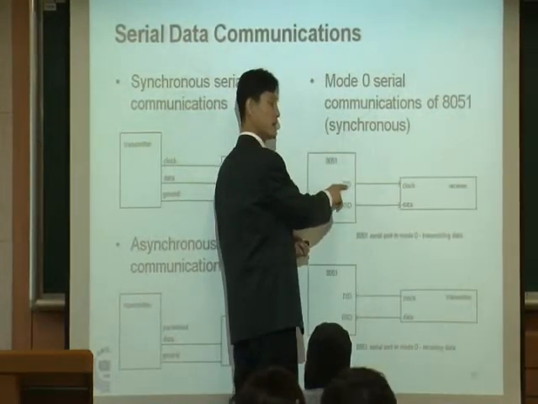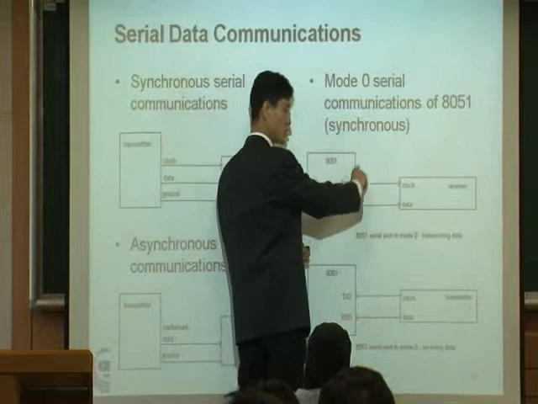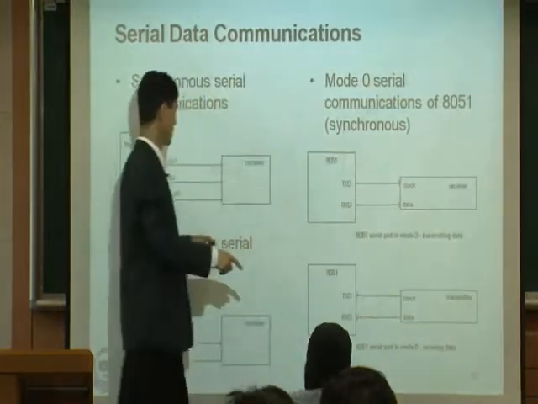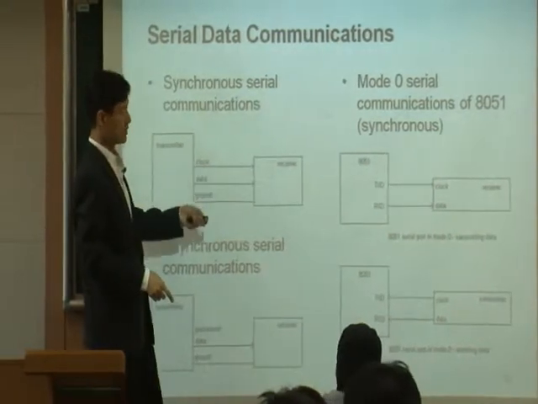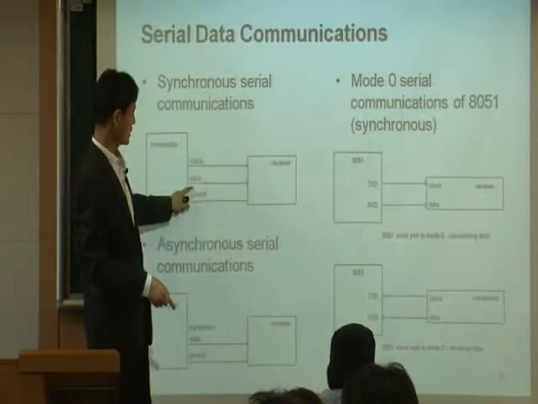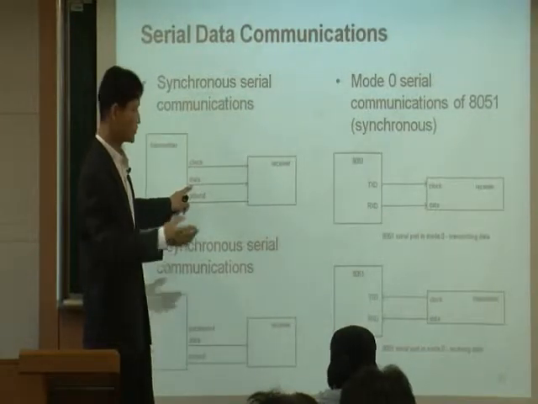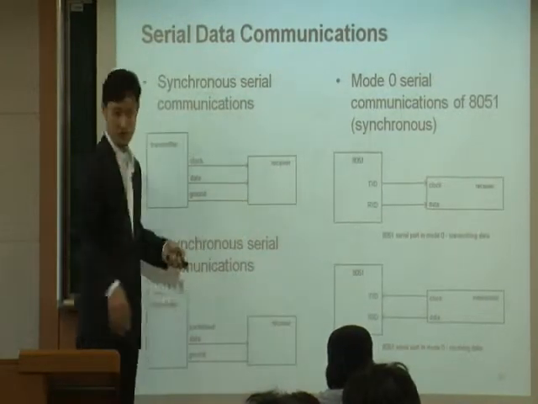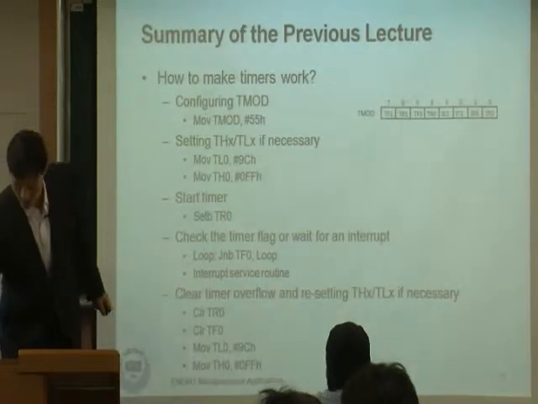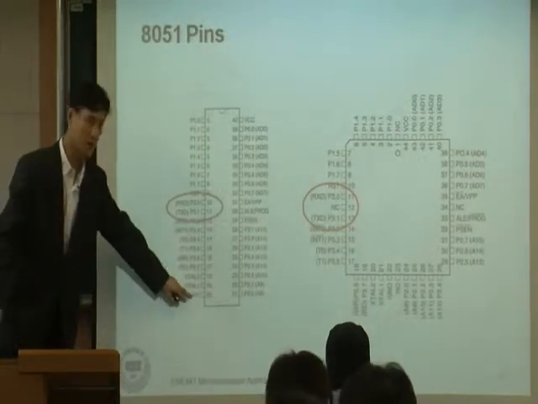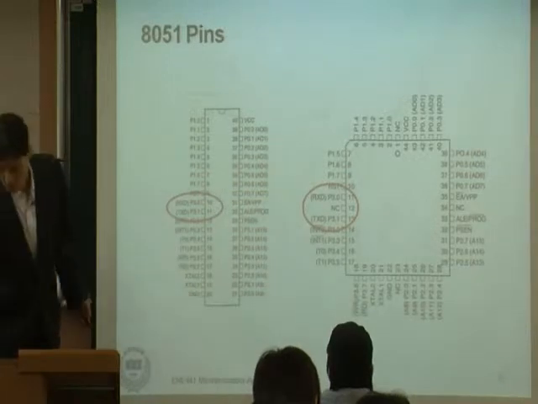Using the TxD pin, you transmit the clock, and using the RxD pin, you transmit the data. And of course, you have a ground somewhere else. Ground is always there.